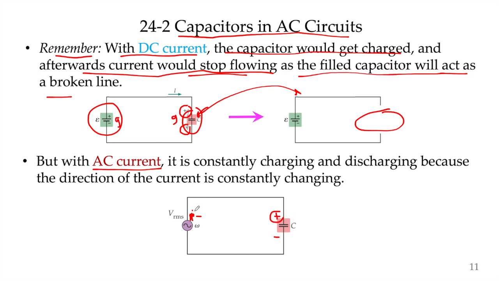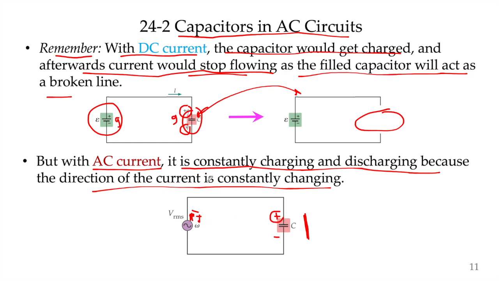Now again, this is going to flip. It's going to become plus, and the capacitor will start charging again. So the capacitor with the AC current is constantly charging and discharging because the direction of the current is constantly changing. That means there's always going to be a current on the capacitor back and forth. It's not like the DC current, because the capacitor is not getting fully charged.